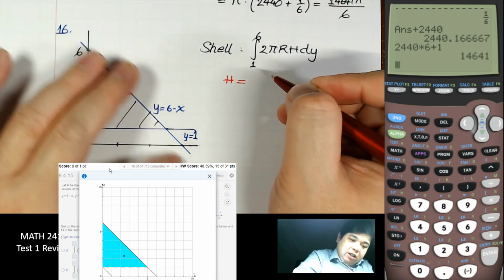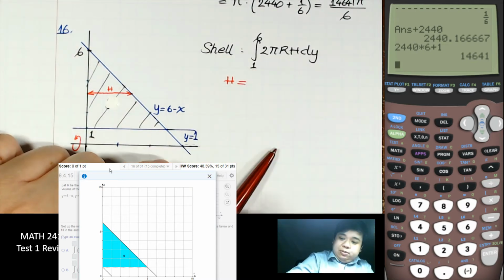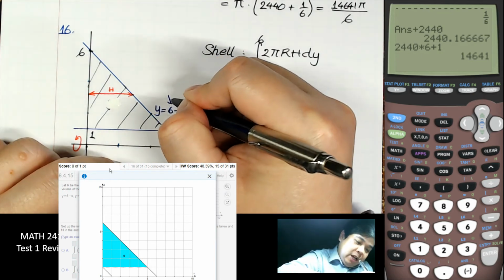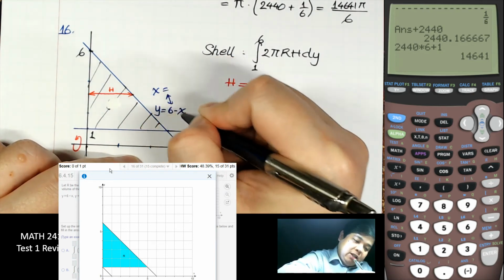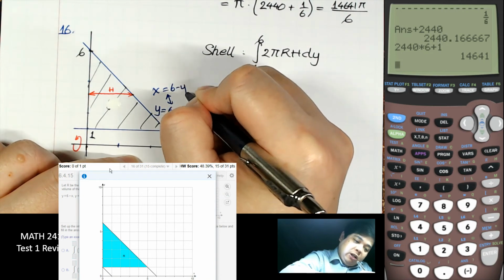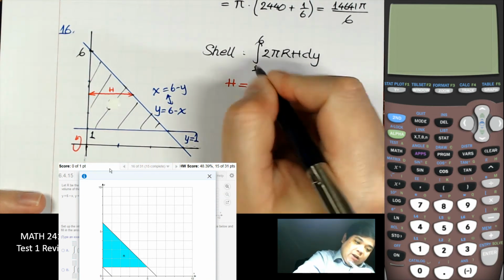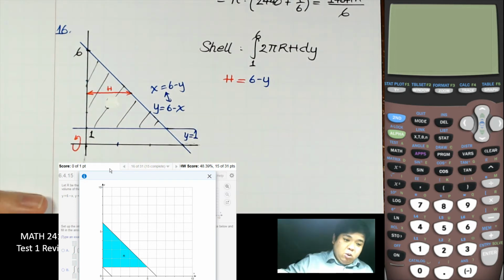On the right, it has to be in terms of y. So if y is equal to 6 minus x, then for x we have x equal to 6 minus y. That function on the right minus the one on the left.